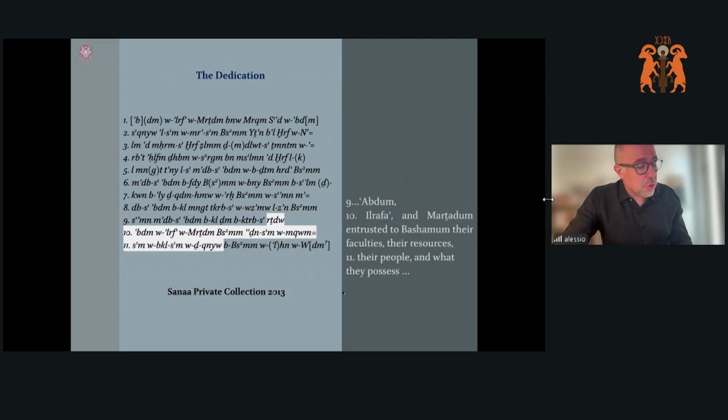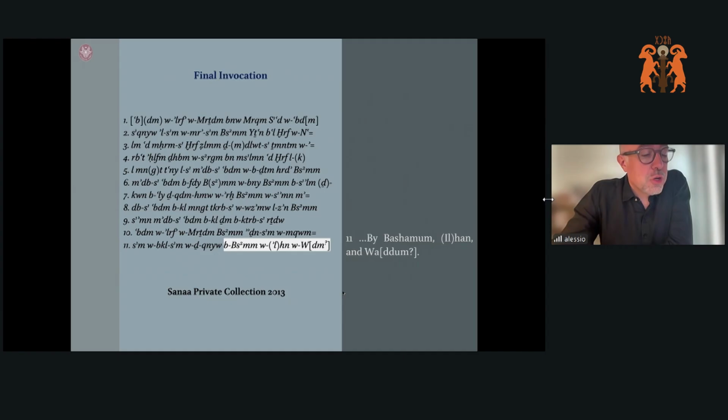The text concludes with a statement of complete dedication: Abdum, Il-Rafa, and Marthadum entrusted to Bashamum their faculties, their resources, their people, and what they possess, in a typical Qatabanic expression. Finally, the inscription ends with the invocation: Bashamum, Ilhan, and Waddum. The latter is restored, as you see.